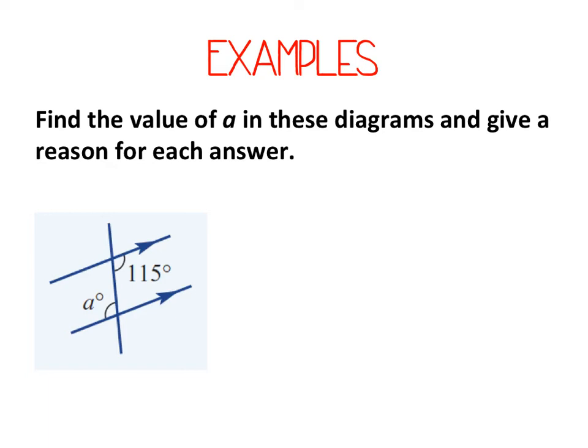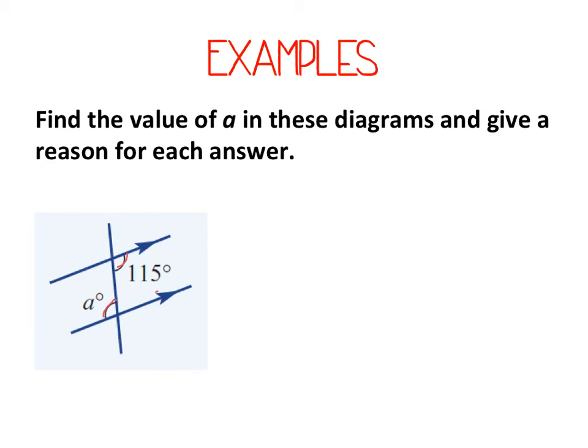Okay, now it's saying find the value of A in these diagrams. First thing I need to do is I say, yep, my lines are parallel. They've been marked with these things, so I know they're parallel. Good. That means that some special types of angles can form. Now, the next thing I need to do is work out which angles it is. So I'm going to mark over in red my angles. Okay, what letter are they forming?